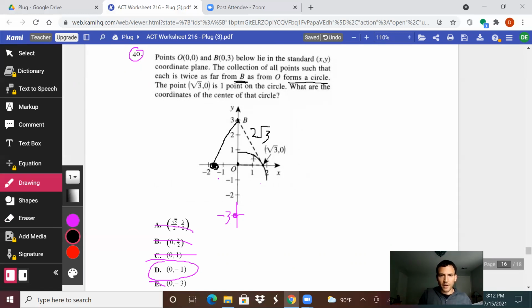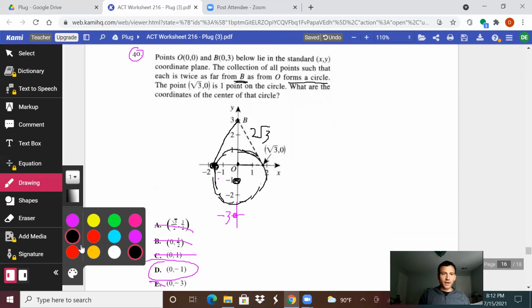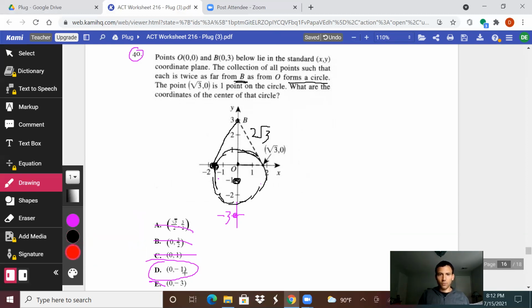And if we just draw out our circle here, you'll see that it very much looks like that is your center. And to double check, well, is 0, -1 twice as far from B as it is, or sorry, you could take, it's more complicated than what it's worth.